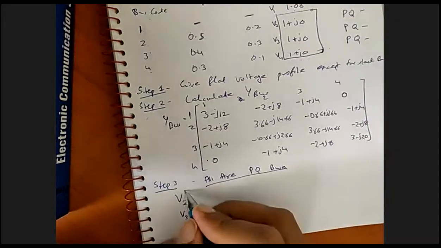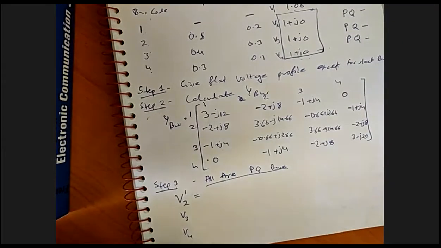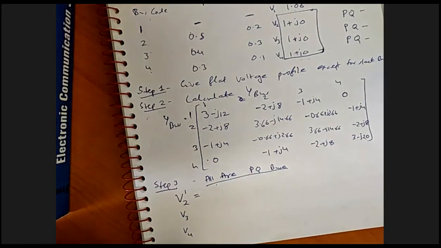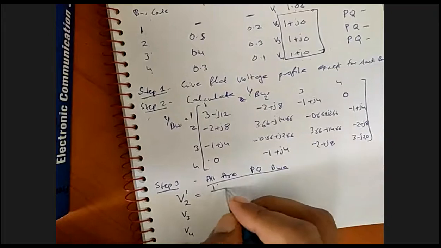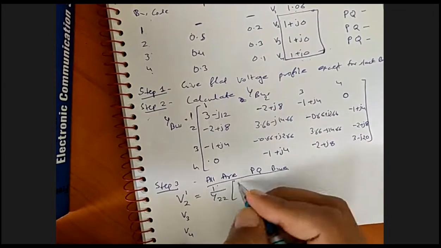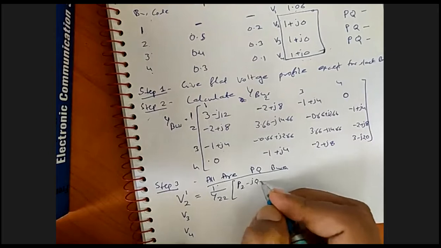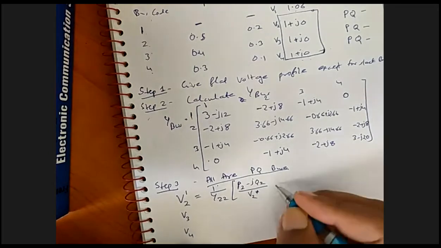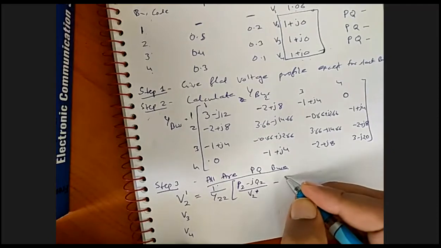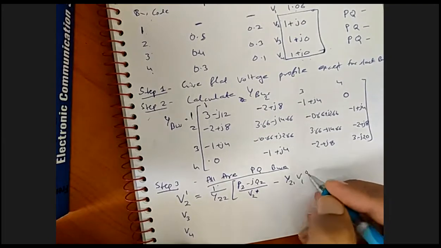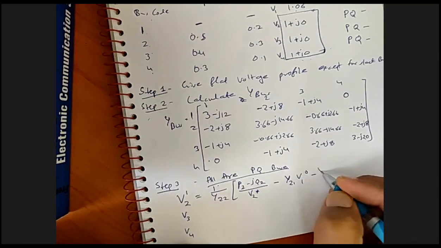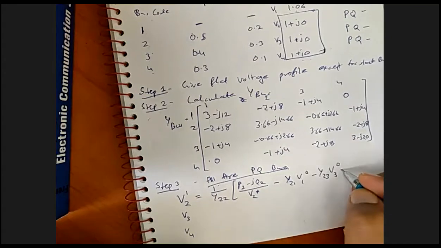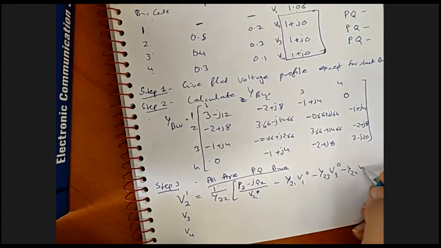So V2 at iteration 1 will be 1 upon Y22 times P2 minus JQ2 divided by V2 star, minus Y21 V1, minus Y23 V3, minus Y24 V4, with the old values.